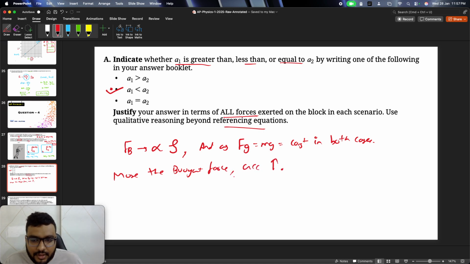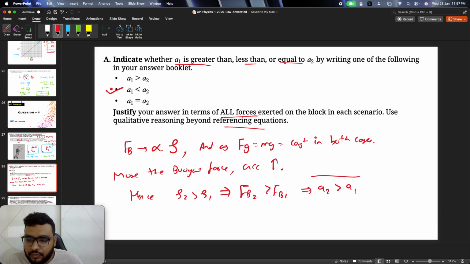Hence buoyant force is dependent on density. So as ρ2 is greater than ρ1, it simply tells us that the buoyant force of 2 is going to be greater than the buoyant force of 1. That tells us that the acceleration of 2 is going to be greater than the acceleration of 1. Okay, so this is what we can write over here.